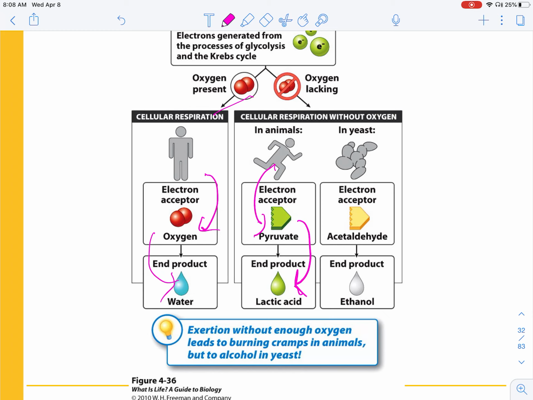If we have an organism like yeast, the final electron acceptor is acetaldehyde, and then that gets converted into ethanol and is excreted from the system. This is a process called fermentation, which gives many of the compounds that we know and love.